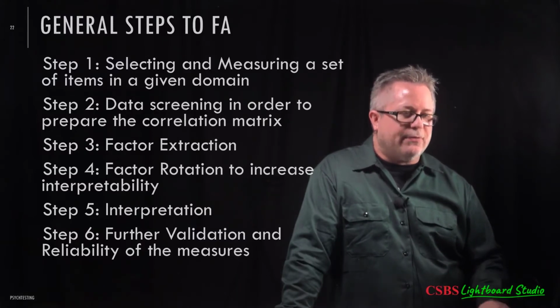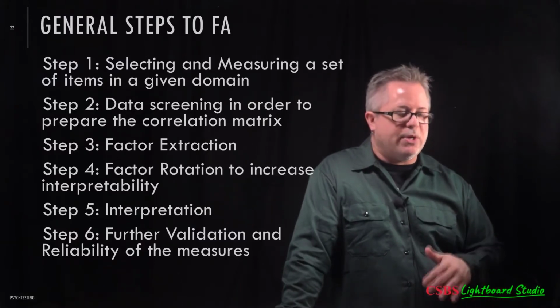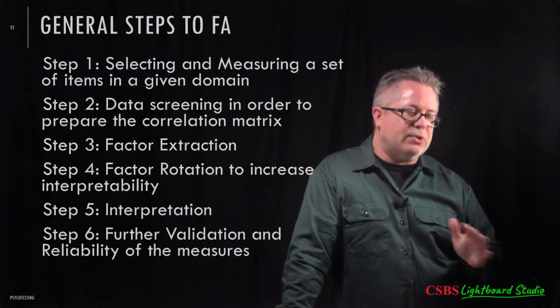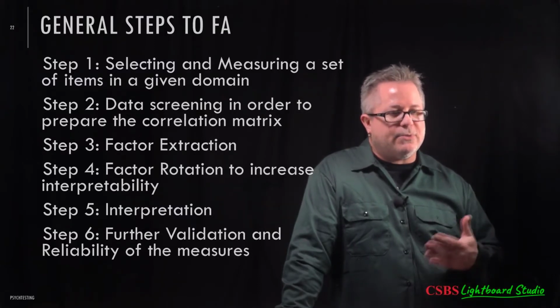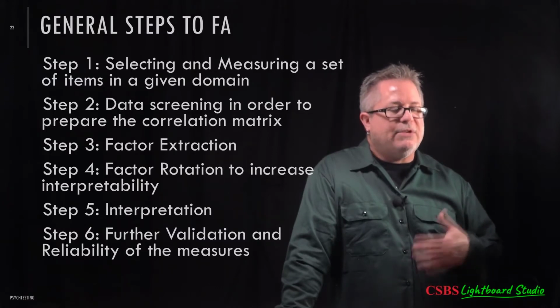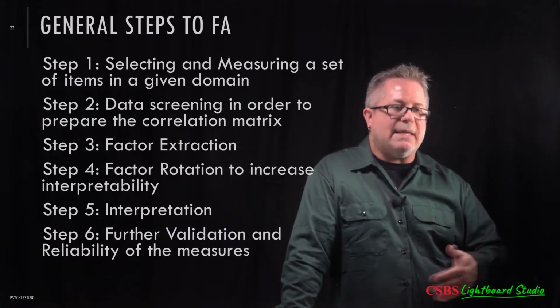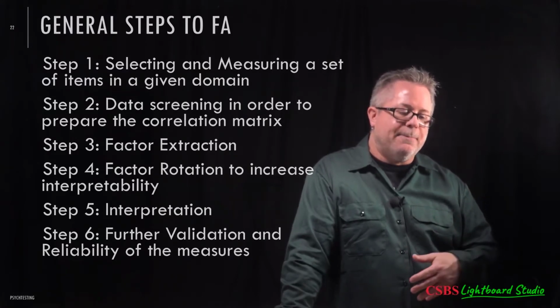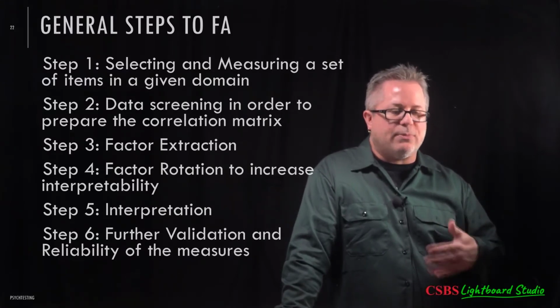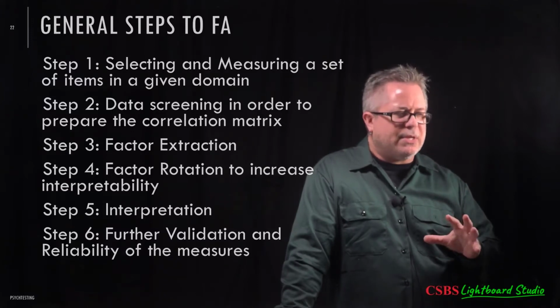Once you've extracted factors, you've decided on the number of factors, the way you want to extract them, all these different decisions about extraction, now you have factors, but sometimes those factors are not going to be easy to interpret because of the way the factors get extracted, the way they get identified. It's done through a geometric process, so sometimes it's not optimal.